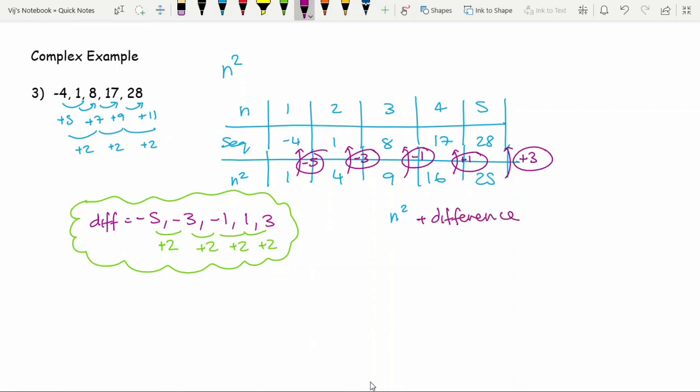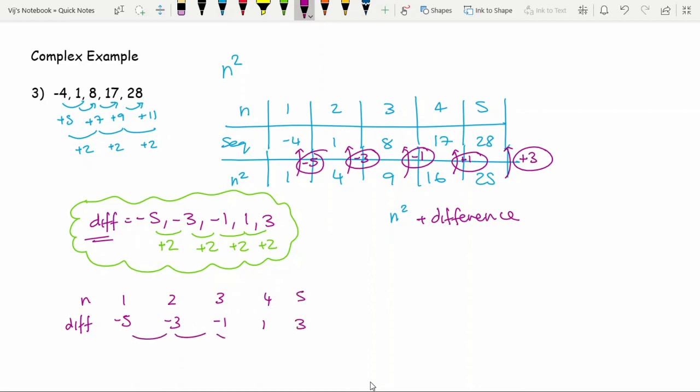Now the reason why I don't know what the difference is, is because the difference keeps changing. Now the difference from these set of numbers is a linear sequence. So if I then start off with n, so the first difference, let's call this difference, might make a bit of sense. The first difference was -5, the second difference was -3, the third difference is -1, the fourth difference is +1, and the fifth difference was 3.